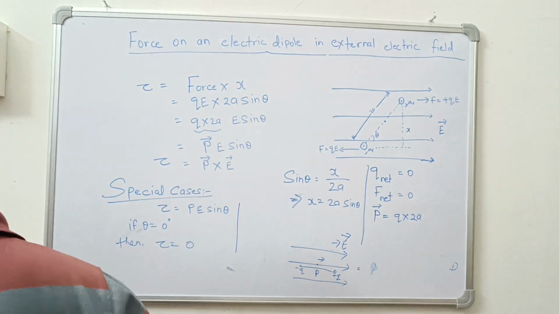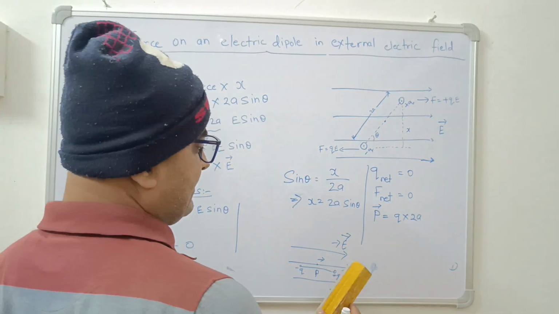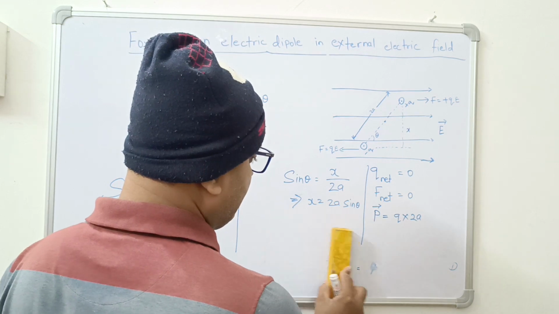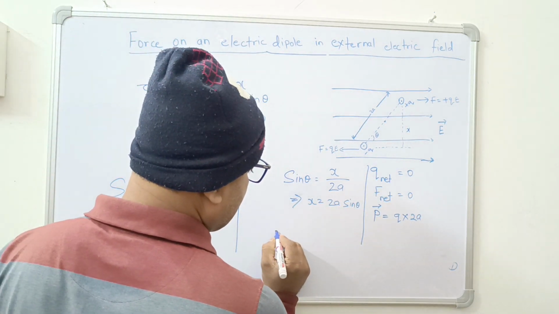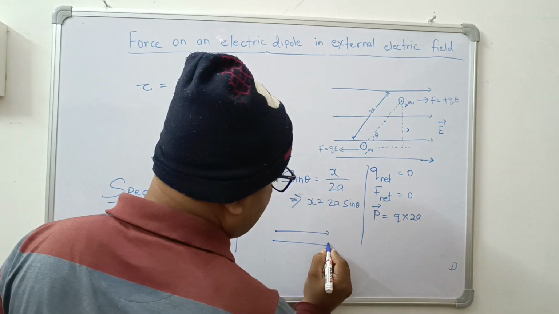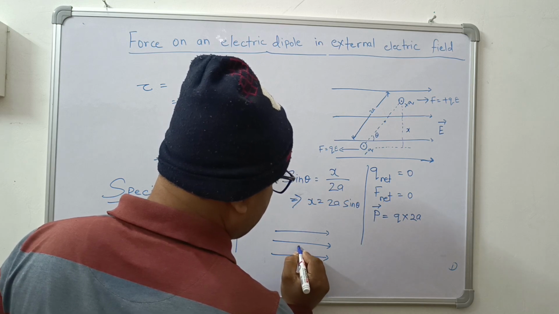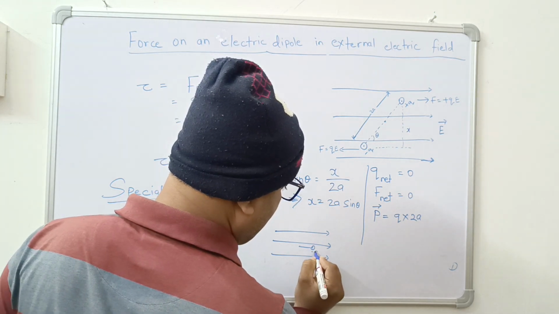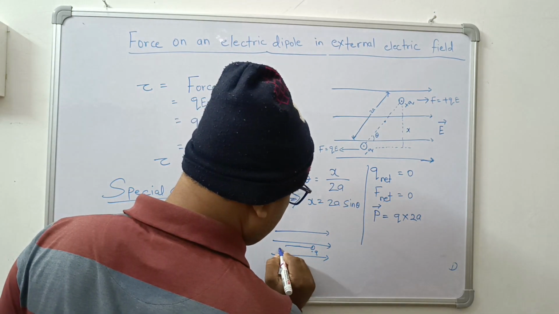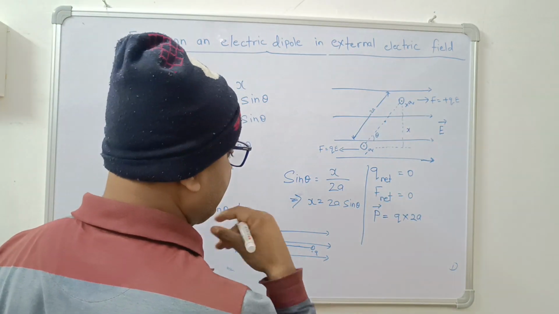Now just imagine a second case. If the electric field is in this direction, and this is the center of the dipole, assume minus Q here and plus Q here, so it is in the opposite direction.